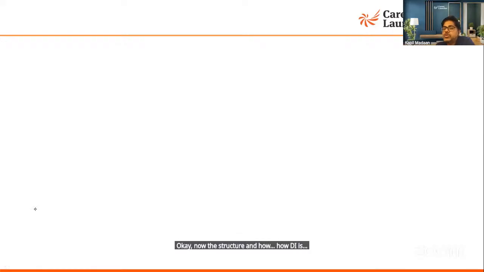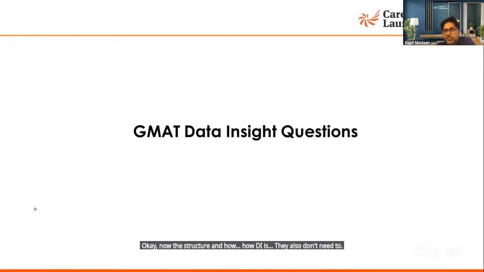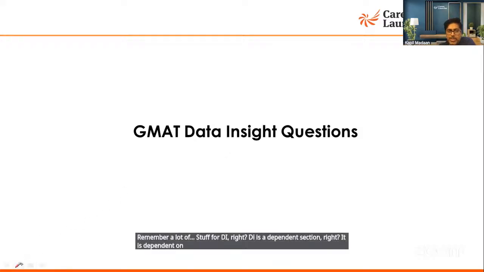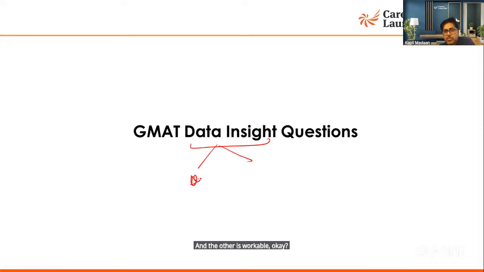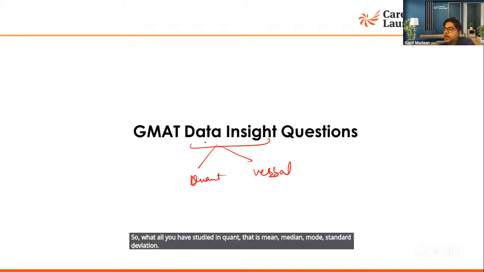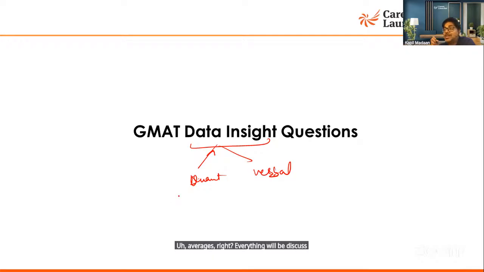You don't need to remember a lot for DI. DI is a dependent section. It depends on two things: your quant section and verbal. So what you have studied in quant, that is mean, median, mode, standard deviation, averages, everything will be assessed here.